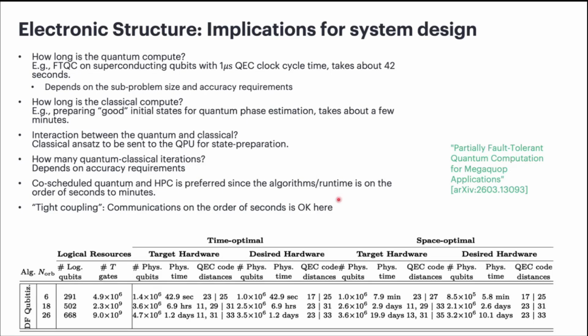Okay, so in general, the requirement is that communication on the order of seconds is great. It would be really helpful to accelerate these kind of simulations, but waiting for hours to days may not be ideal. In fact, it could kind of ruin this kind of workflow that we have in mind.